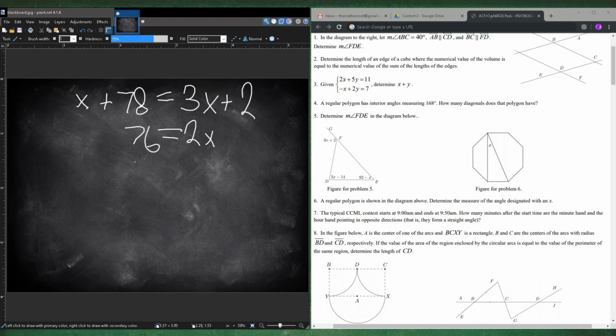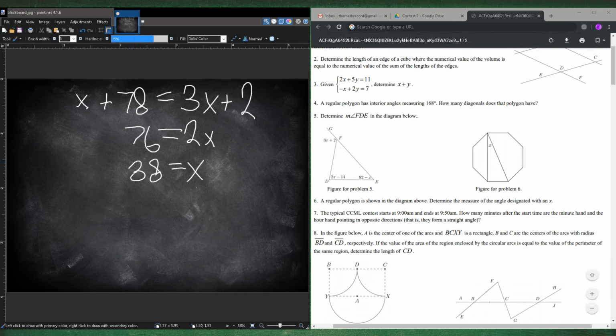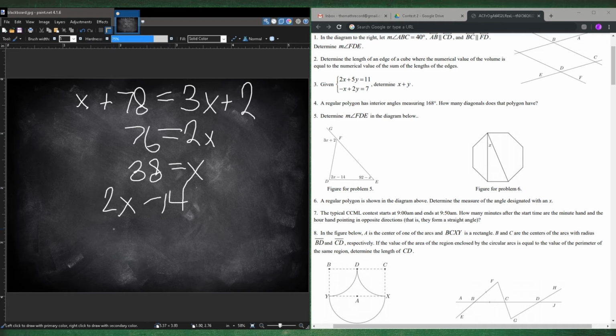So you get 38 equals x. And they're looking for angle FDE. So plugging it back into 2x minus 14, you get 76 minus 14, which is 62. So the answer for number 5 is 62 degrees.